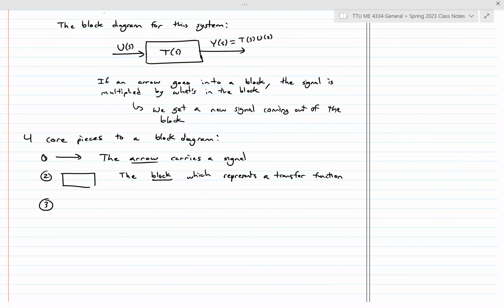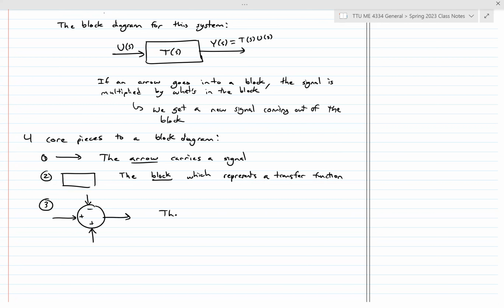Our third piece, anybody remember what another thing that would exist with block diagrams is? The circle, right? Or our summer. So I usually put the symbols in here, but you can also put them associated with the arrows themselves. It depends on how much space you have, right?